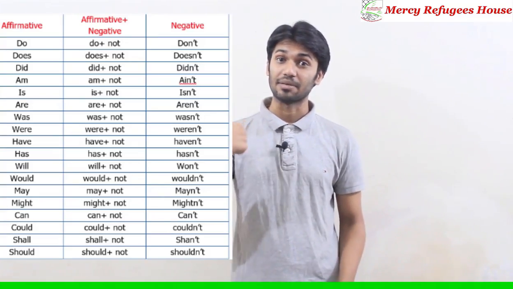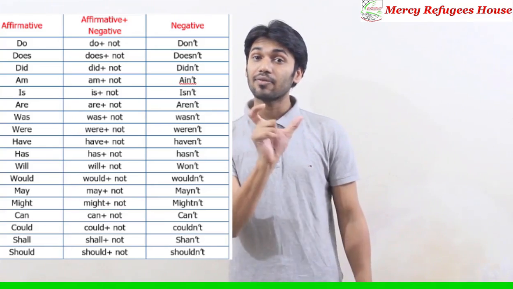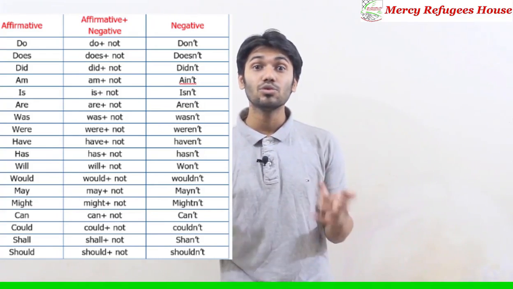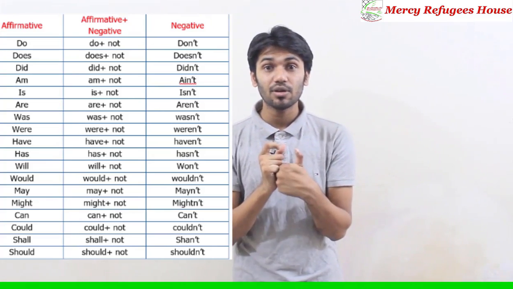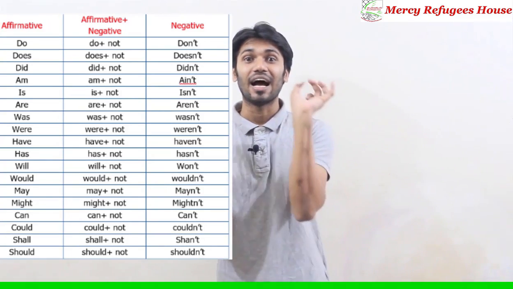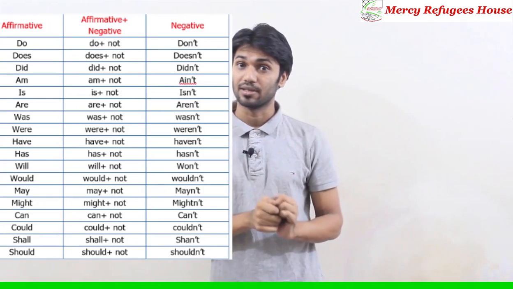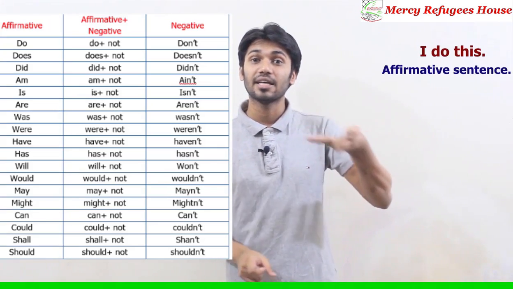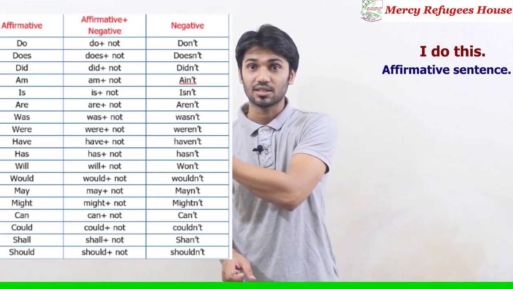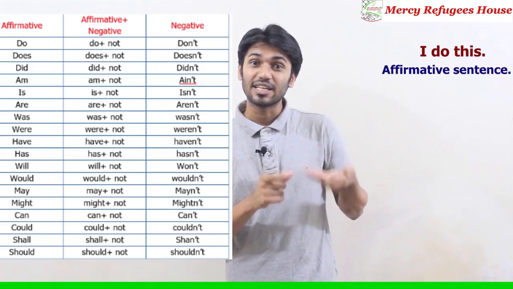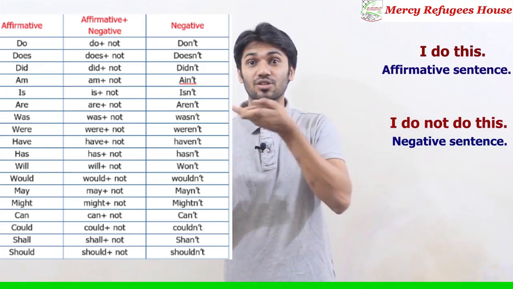After finishing all the sentences, you go to the table. This table, can you see that? It is giving affirmative and negative. How are we making the negative one? We are adding not to the affirmative. For example, if I say I do this, in case of negative, I'm saying I do not do this.